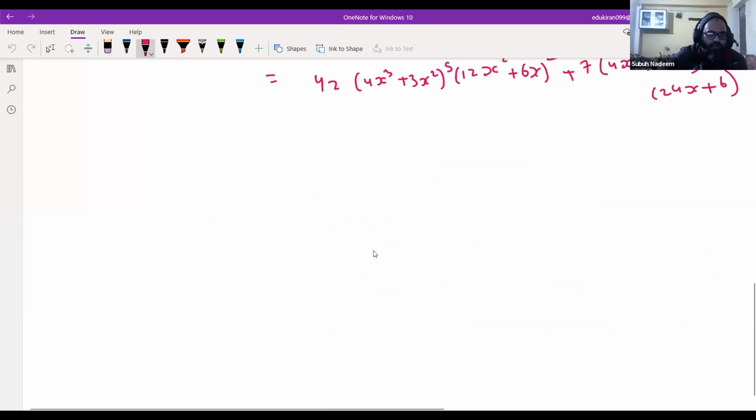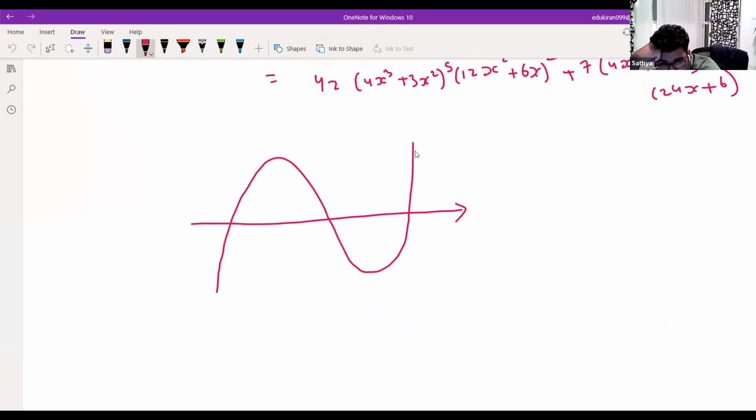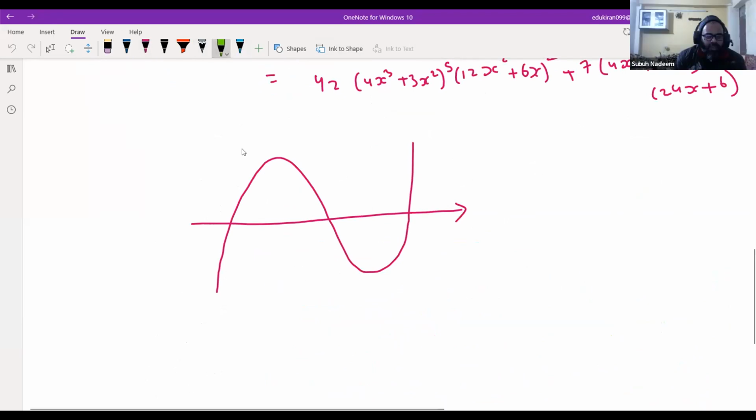The curve was something like this, exact points I don't remember. If you see here, this is called a local maximum, and this point is called the local maxima point.